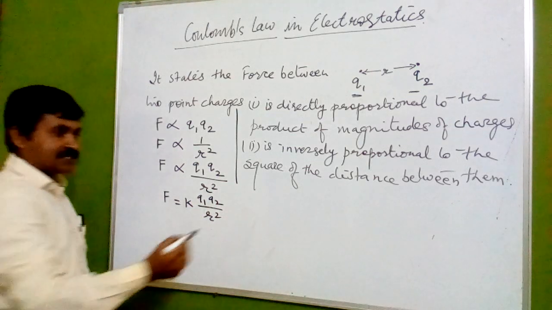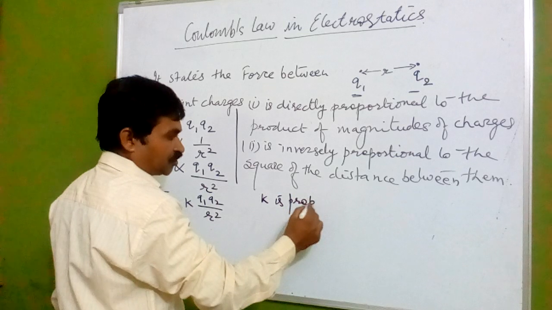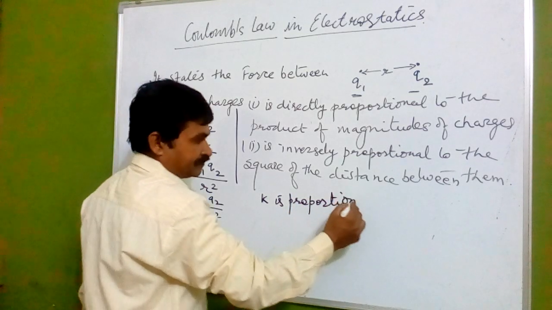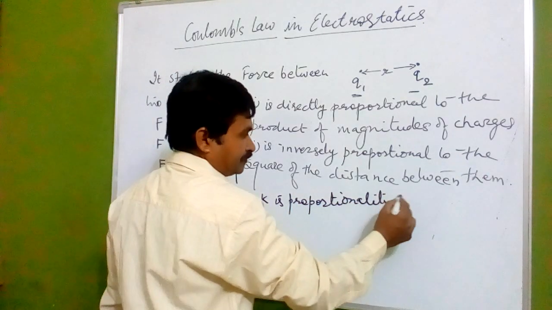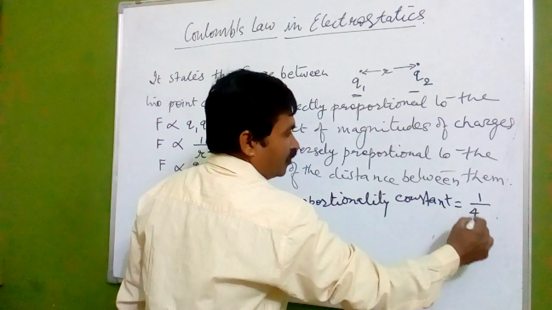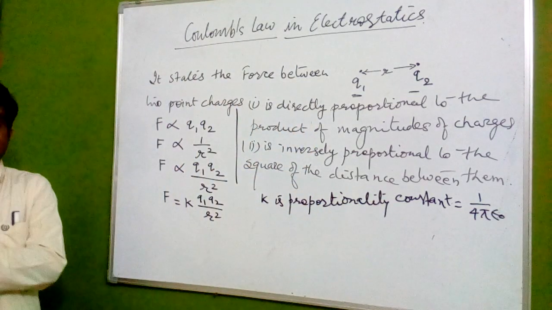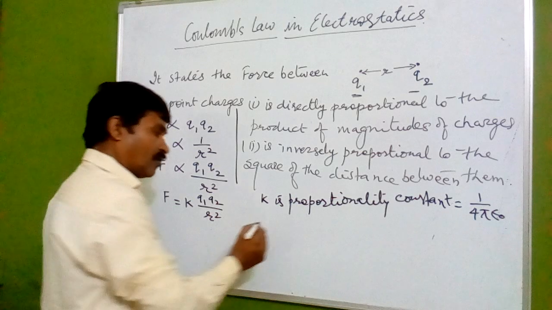Now what is k? K is a proportionality constant. Its value is given by 1 upon 4 pi epsilon naught. Now what is epsilon naught?